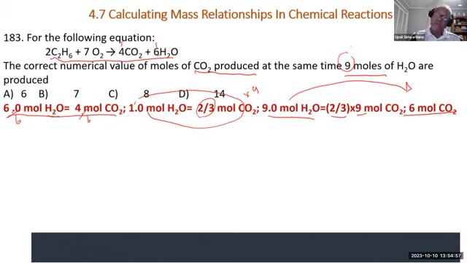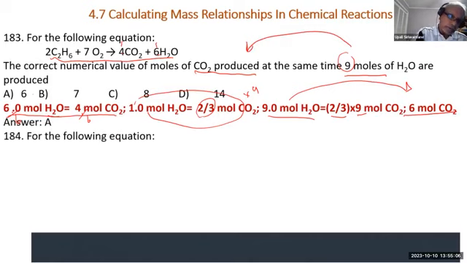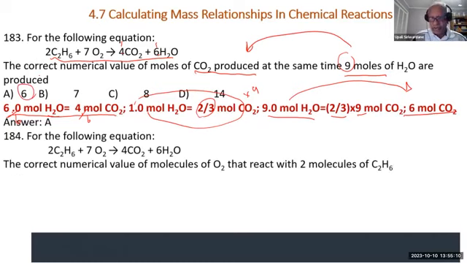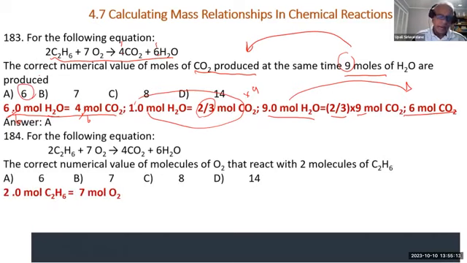That's the same question. You get 6 moles of carbon dioxide. A is the correct answer. Similar question. You calculated 2 molecules of, how many oxygens react with 2 molecules of this? It is 7.